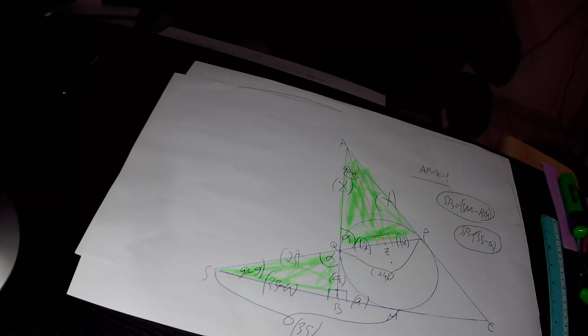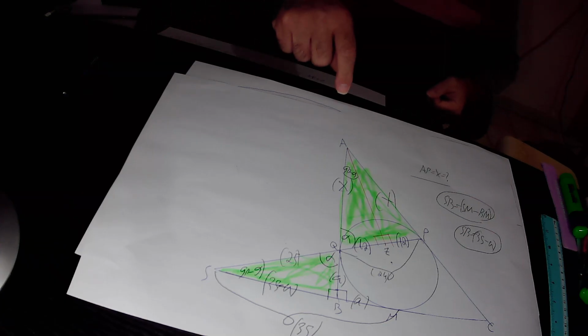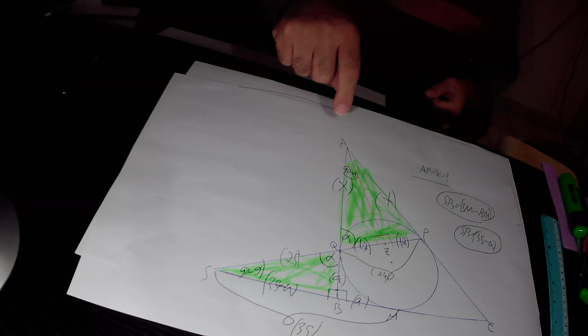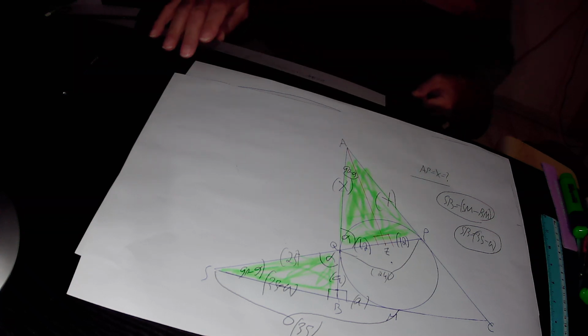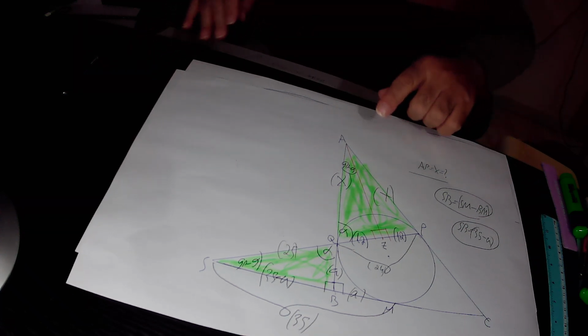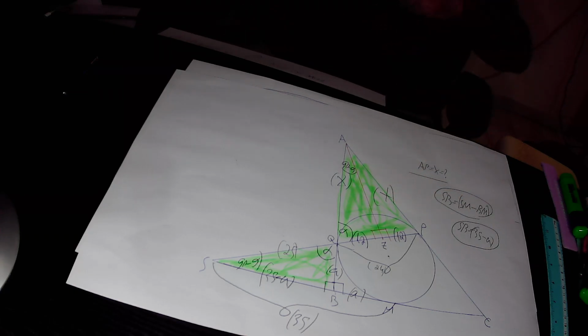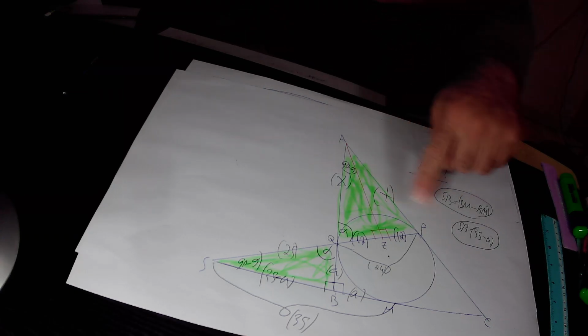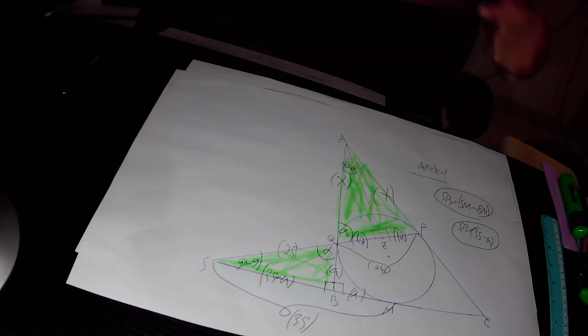In our drawing, this is the green associated triangle AQP. And we have the perpendicular AZ. According to rule 21, the perpendicular AZ to the base QP bisects the base QP.